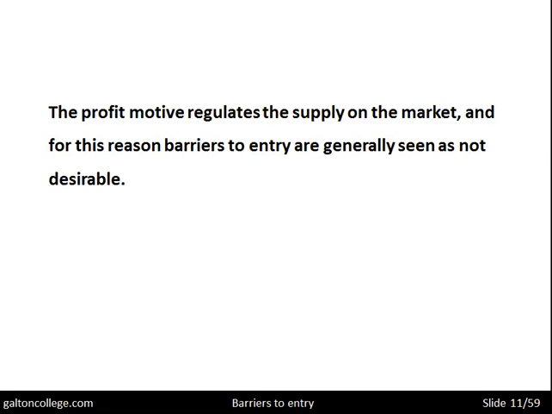The profit motive regulates the supply on the market, and for this reason barriers to entry are generally seen as not desirable. The amount of goods on the market, the amount of products on the market, is really a reflection of the perceived profitability of those markets, perceived by the entrepreneurs and the business people who are placing the products on the market.